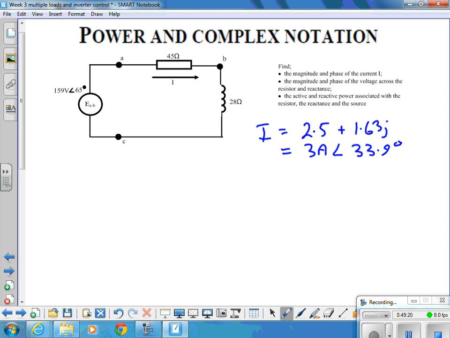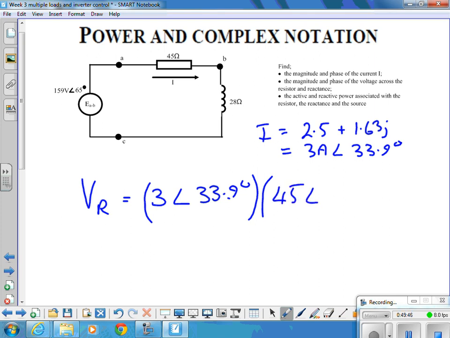What angle is associated with a resistor? So VR is the current, and we can use the polar form, 3 angle 33.9 degrees, multiplied by 45 angle 0 degrees.